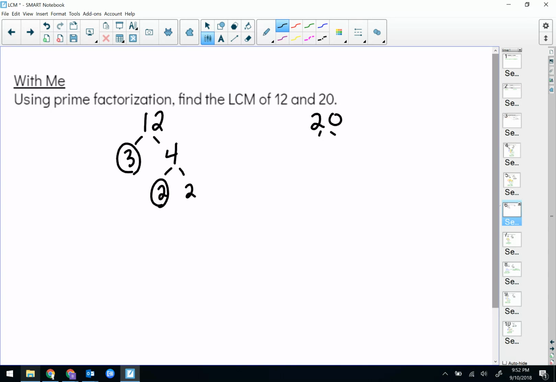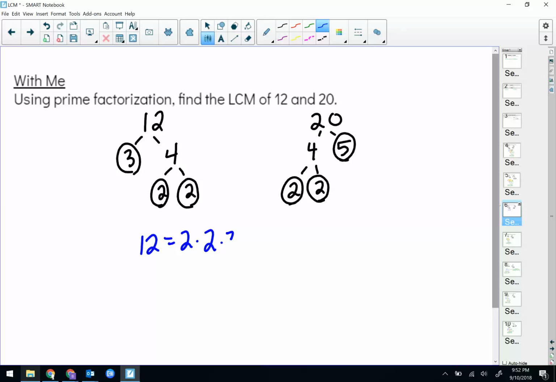So I've got a 3, a 2, and a 2. For 20, I'm going to break it apart to 4 and 5. And I'll end up with a 2, 2, and a 5. So my prime factorization for 12 is 2 times 2 times 3. And for 20 is 2 times 2 times 5. So let's find our matches. I have a match here. I have a match here.